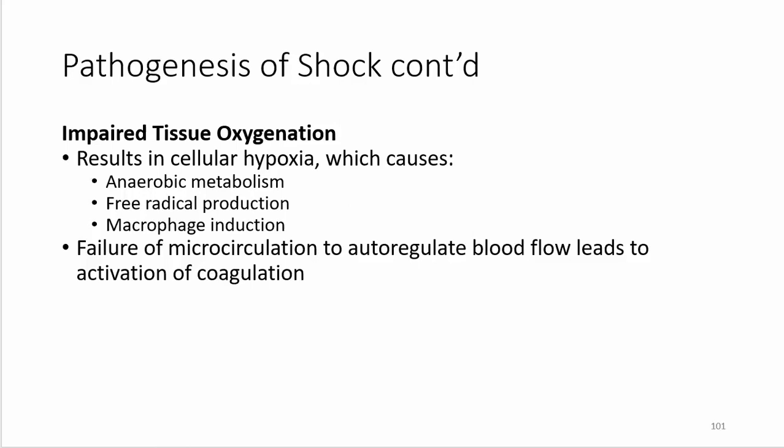We've talked about this enough already, but it's really ischemia. When you have not enough oxygen, you have cellular hypoxia, you end up with anaerobic respiration because you're trying to make ATP. You don't have enough oxygen to do it aerobically, so you end up doing it anaerobically, which leaves you short of ATP because you're only making 2 instead of 36.